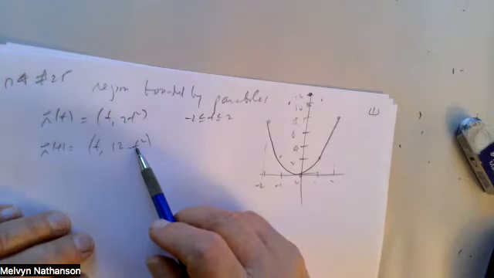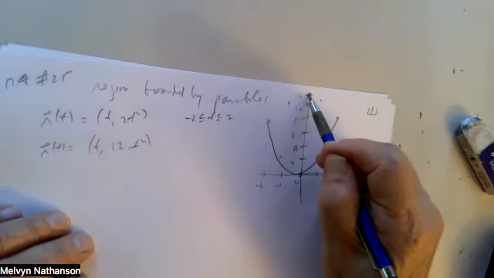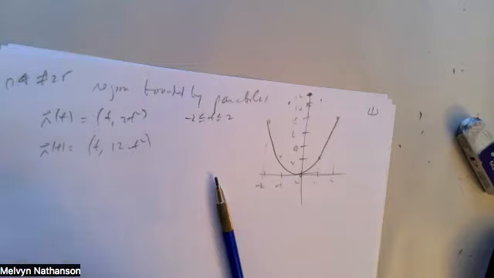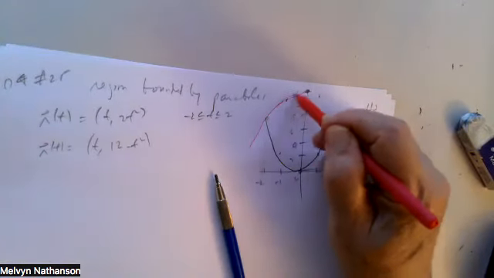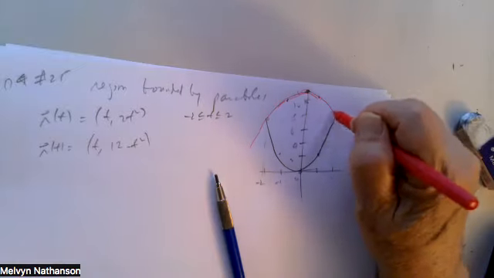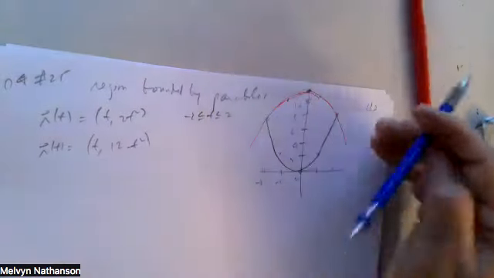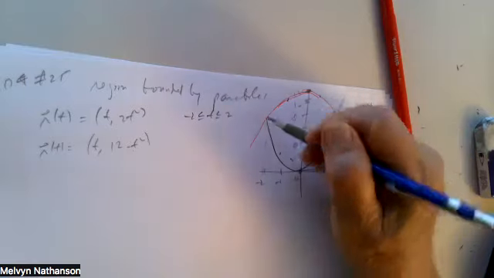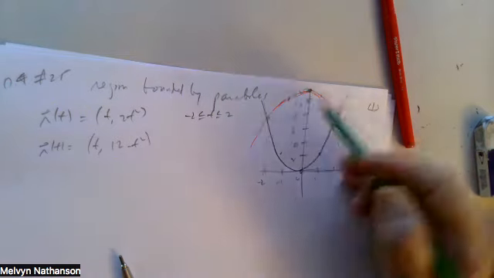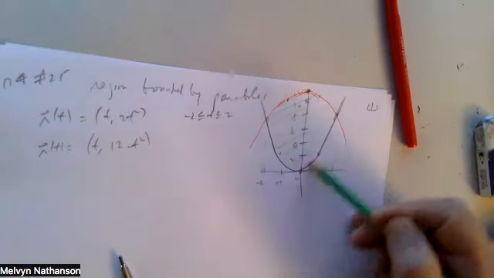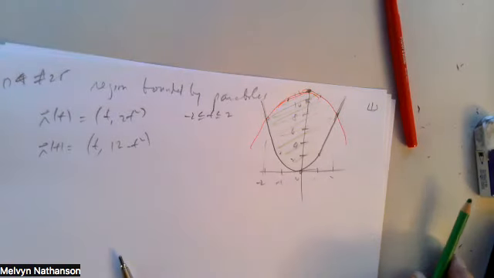When t is 2, or minus 2, it's 8. So this parabola looks like that. This parabola looks like that. And the region bounded by those two parabolas is this.